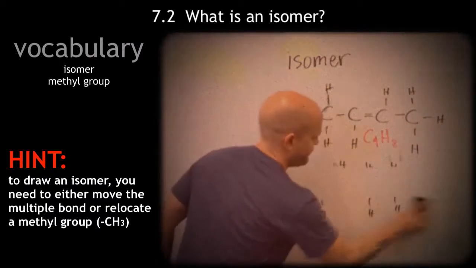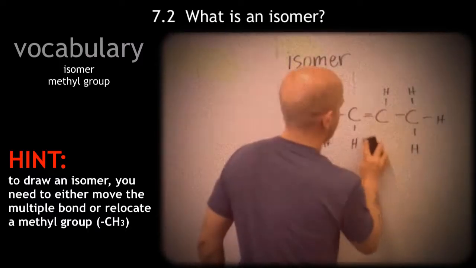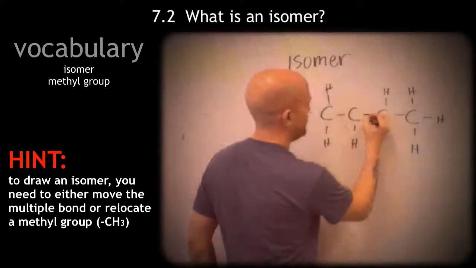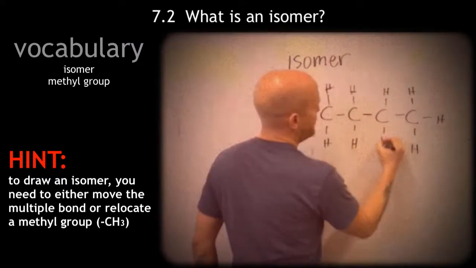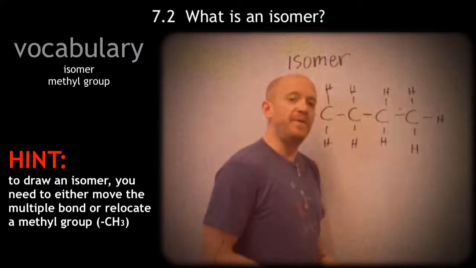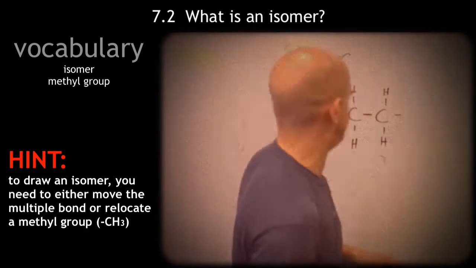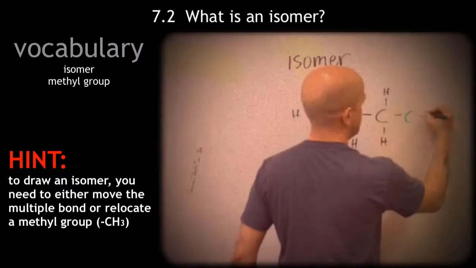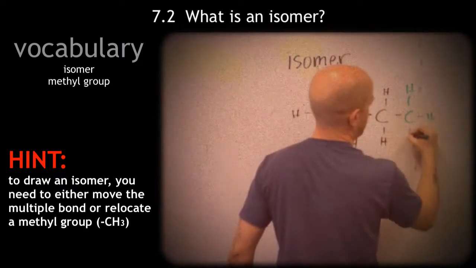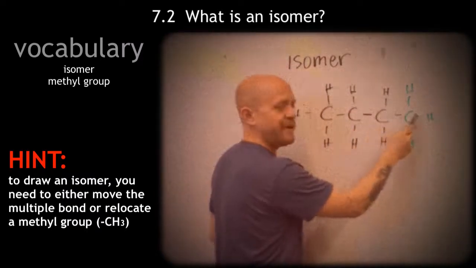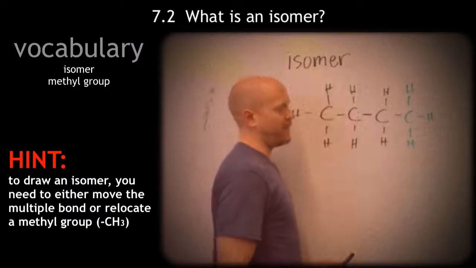However, let's look at something a little bit different, like, for example, butane. Let me just redraw this so it'll make a little bit of sense. So I have 1, 2, 3, 4 carbons in my overall backbone.